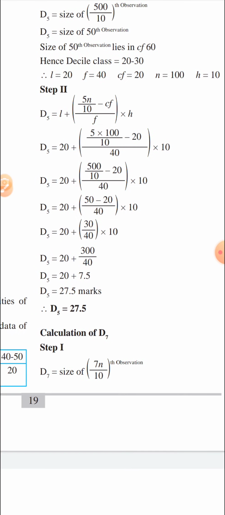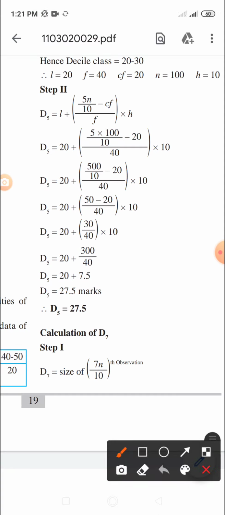The value of decile D7 is equal to the size of 7n upon 10th observation. Why here 7? Because we have to calculate the 7th decile. And why do we divide here by 10? Because deciles divide data into 10 equal parts.